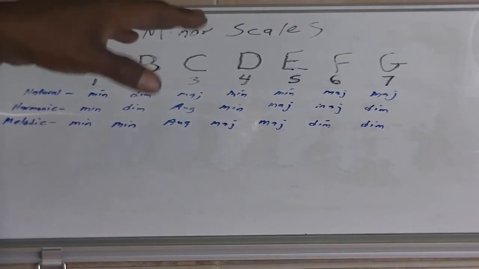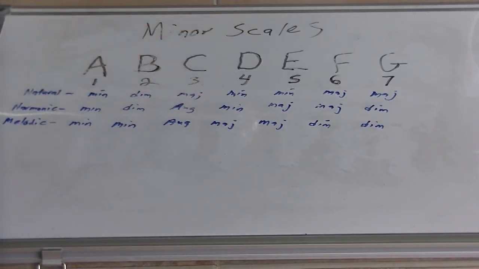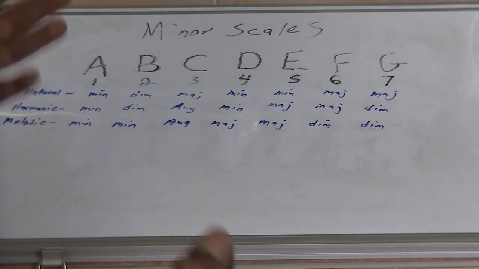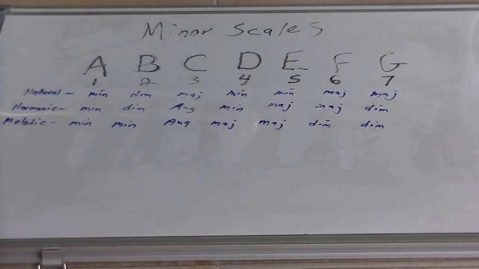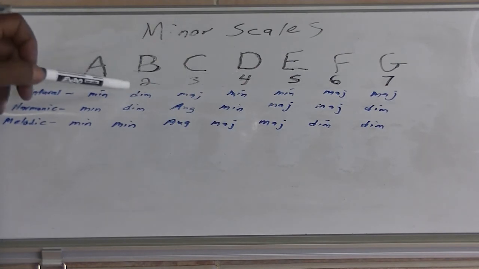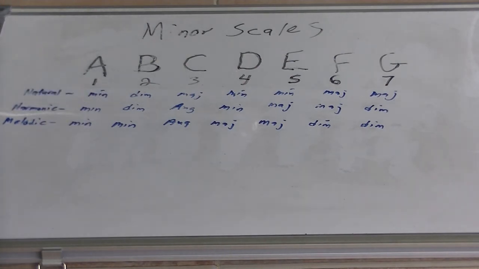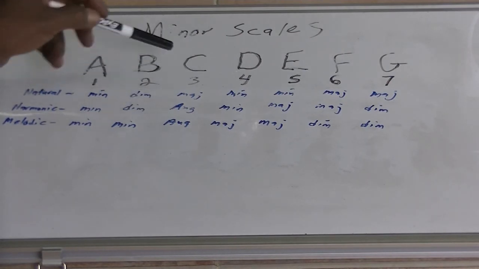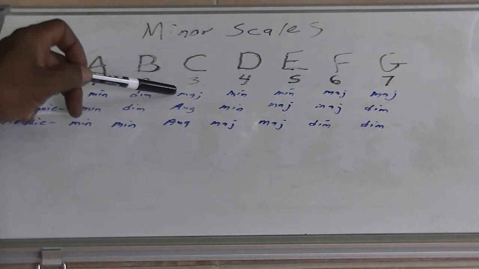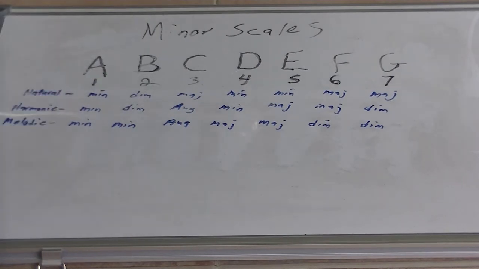When we use these three scales, the rules that we can apply are basically this. The one chord is always minor. The two chord will either be diminished or minor. And if we look here, the three chord is either major or augmented.